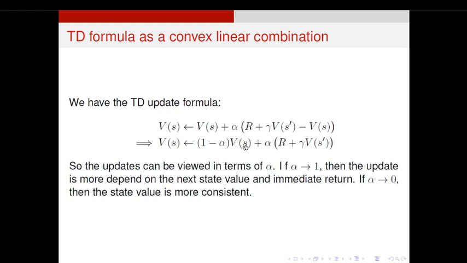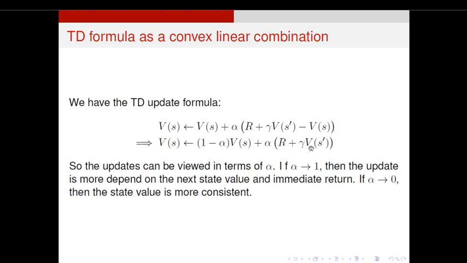So what is V(S)? The current state value. Then R plus gamma V(S') is actually the TD update or TD return in one step. I just give you a hint: expectation of theta is equal to mu. This is my theta.